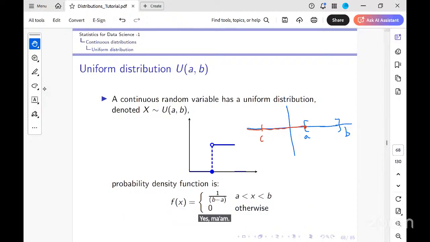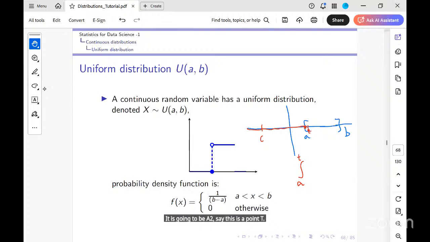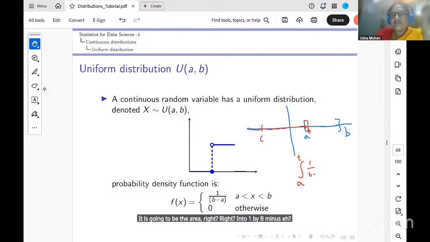At A, what is the value of f of X? It is 1 by B minus A, right? Now say at this point, a point T, what would be the value? It is going to be the area, into 1 by B minus A. And what is this value?